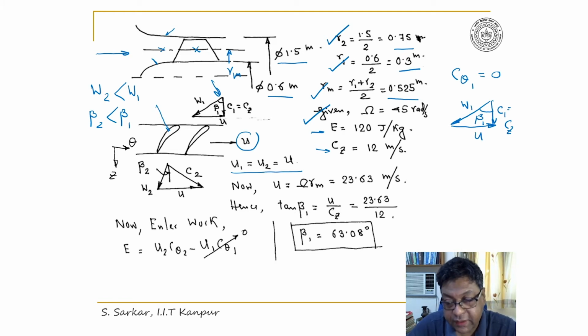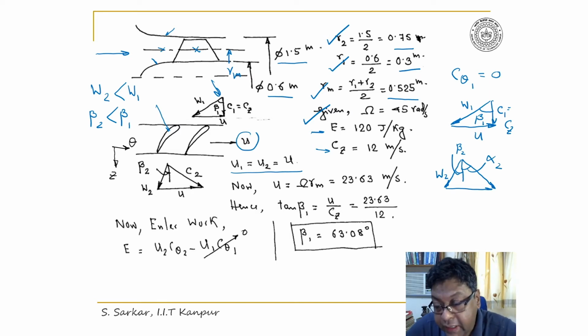If we know this, let me draw that. This is W2. Look, now W2 is less than W1 and this is U. So this is C2. This angle is beta 2 and this is alpha 2.